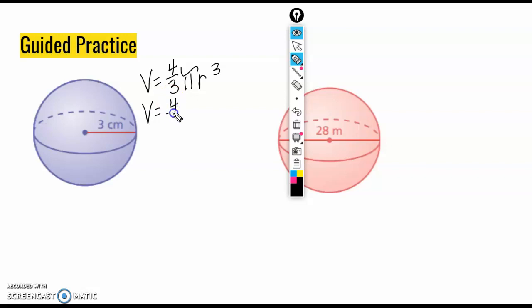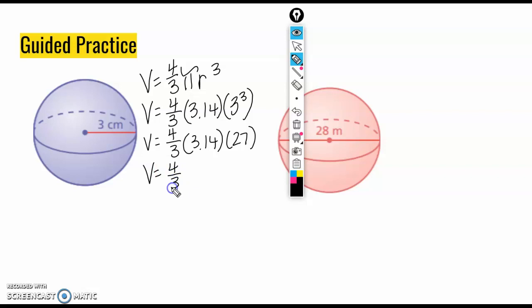So we're going to keep our 4/3. We're going to replace pi with 3.14. We're going to replace our radius with 3, and we are going to cube 3. Always remember to start with order of operations, so we're going to cube 3 first. So 3 cubed is going to give us 27.